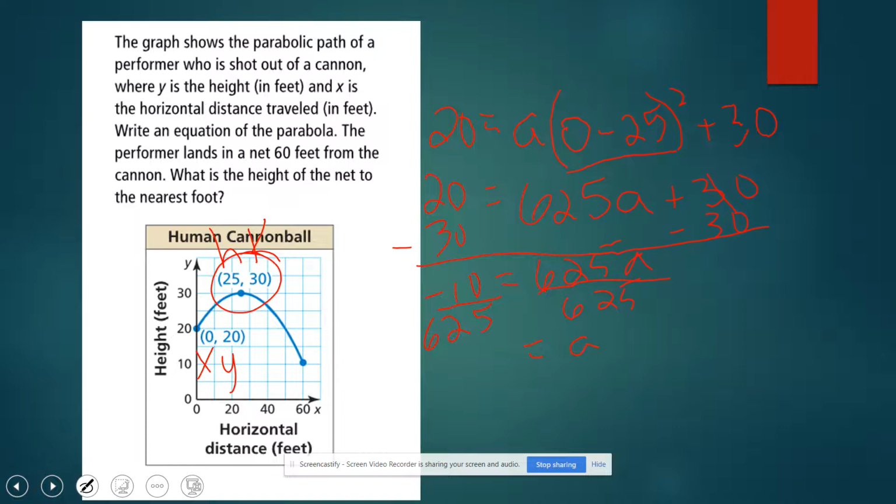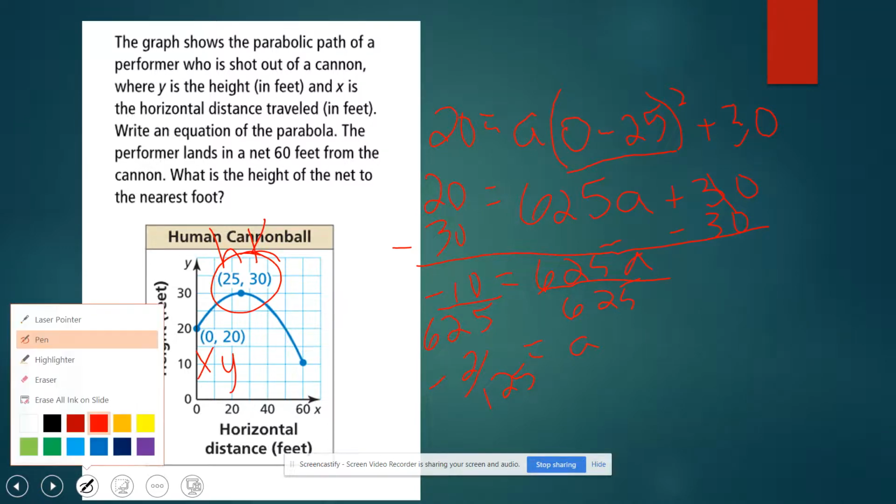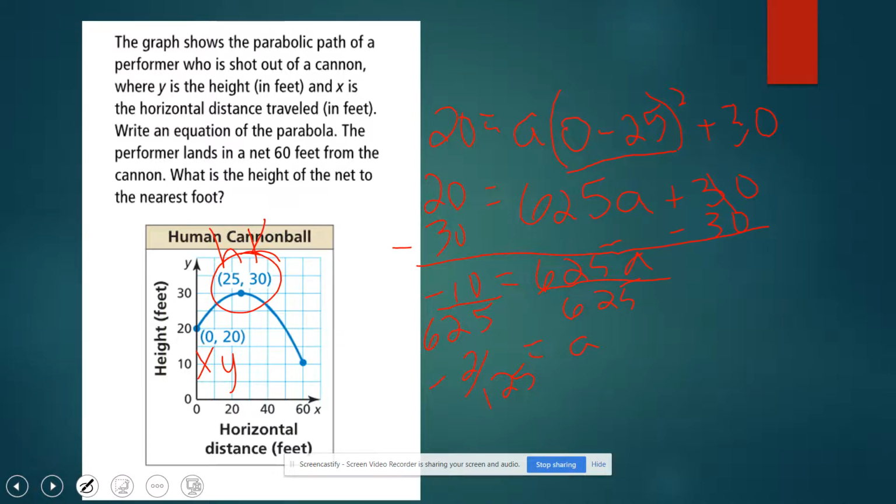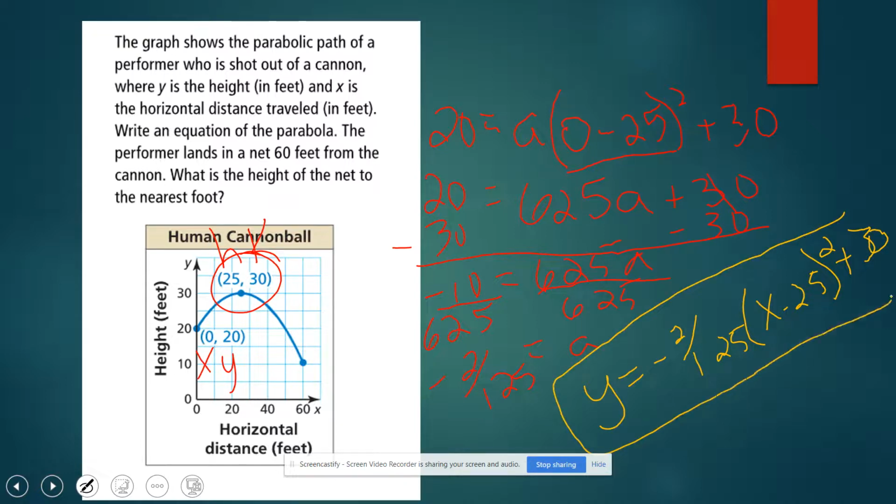Reduce the negative 10 over 625 to get negative 2 over 125 for A. We write our final equation only plugging in A, H, and K. X and Y have to be there. So we have Y is equal to negative 2 over 125 times (X minus 25) squared plus 30. And that is the equation for this parabola.